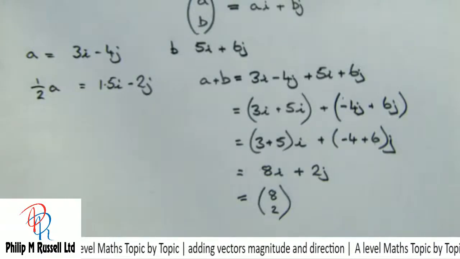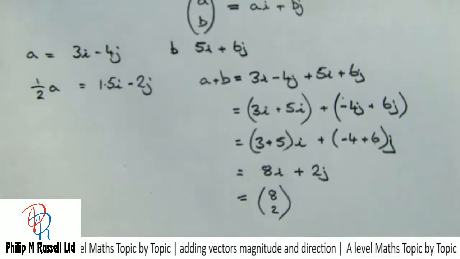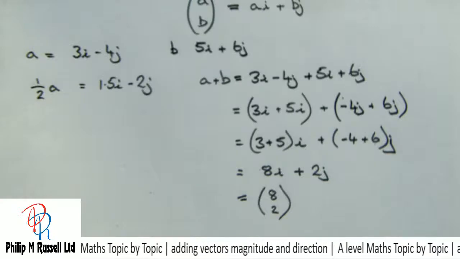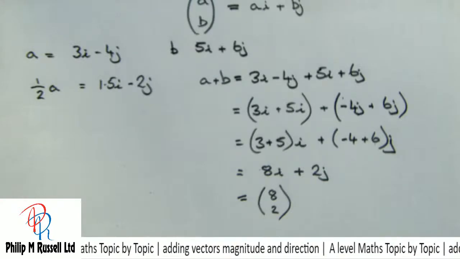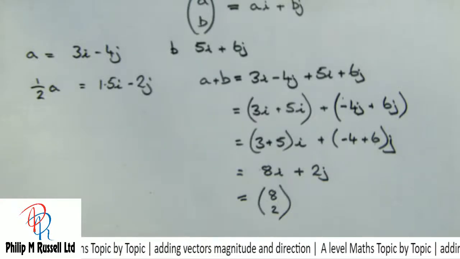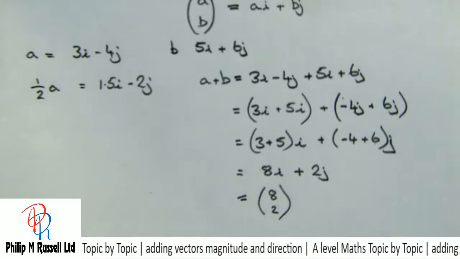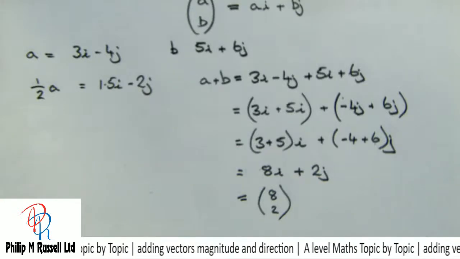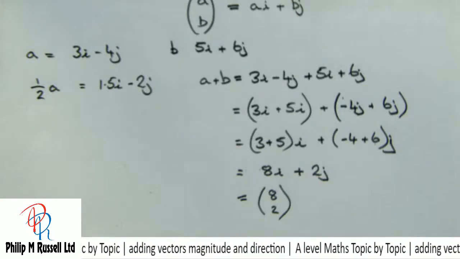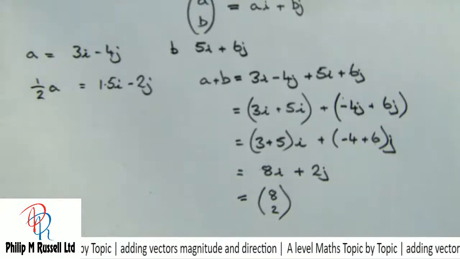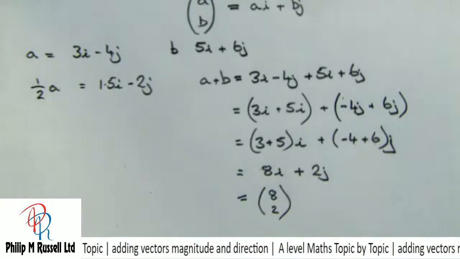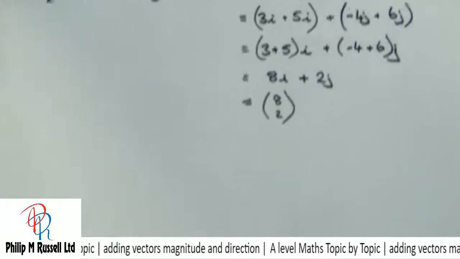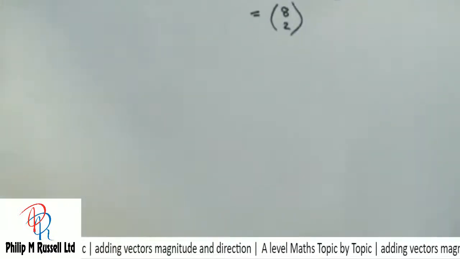So we can look at simple vectors, ways of trying to sort of work them out. Sometimes we're given sort of harder ones to try and solve, but they're not really that difficult. Let's just grab one.